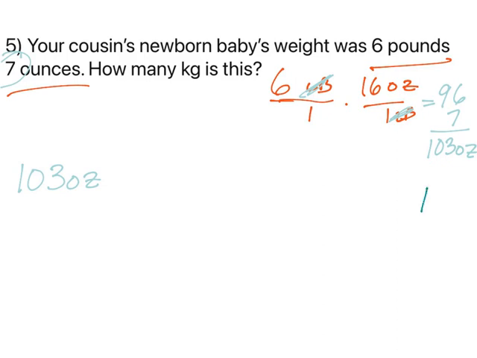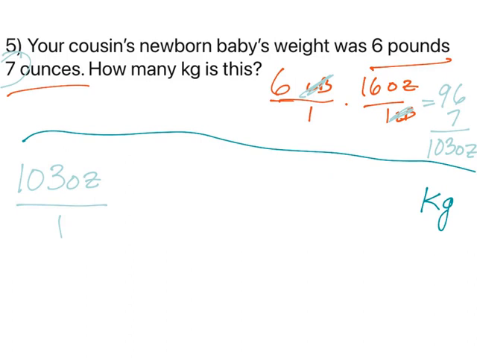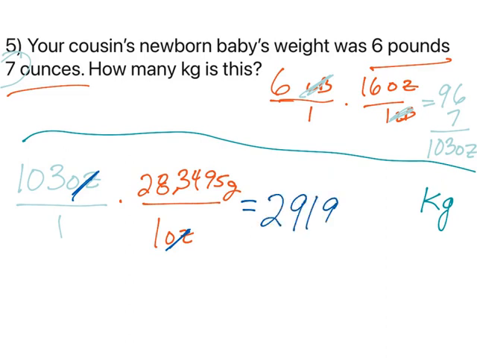And we want to know kilograms, right? That's our goal. So we can do the same idea that we did the last problem and say, well, I know that 1 ounce is 28.3495 grams. Okay, so let's do that. If I do that, my ounces cancel out, I multiply across, and I get 2,919.9985 grams.